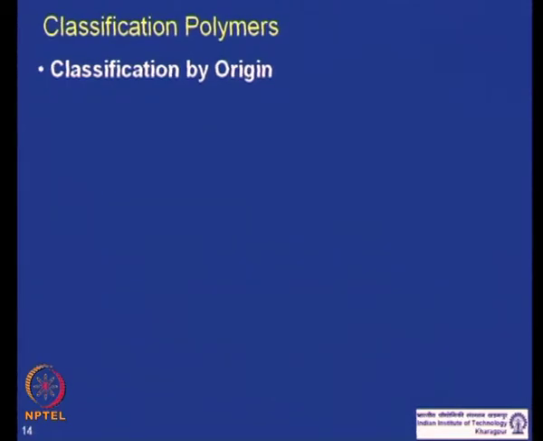Classification can be done by where a polymer originates. In the last class, I said that polymers can originate from natural sources, and I also said that those are a minor class of polymers.